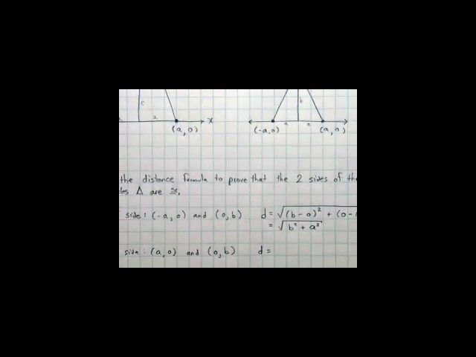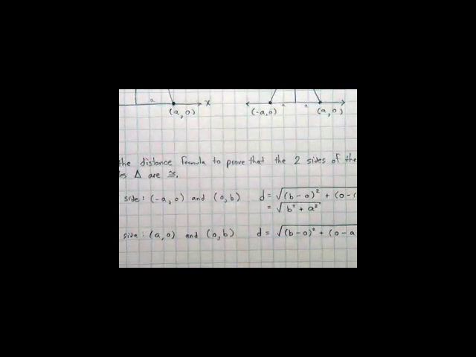So with a, 0 and 0, b, the distance is the square root of b minus 0 squared plus 0 minus a squared.